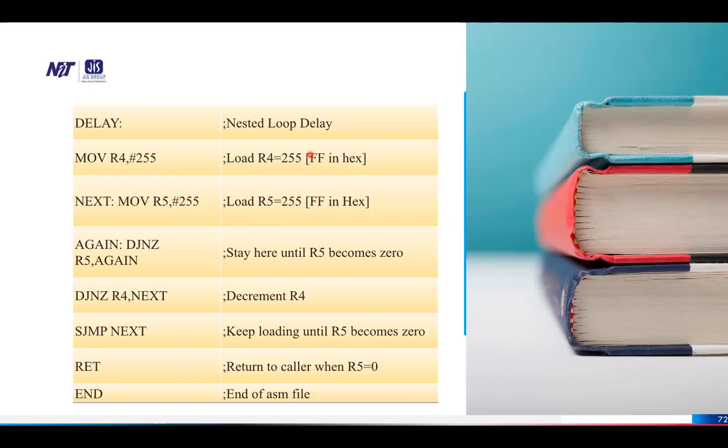DJNZ R4 next, decrement R4. SJMP next, keep loading until R5 becomes 0. Return to the caller when R5 equals 0 and end.